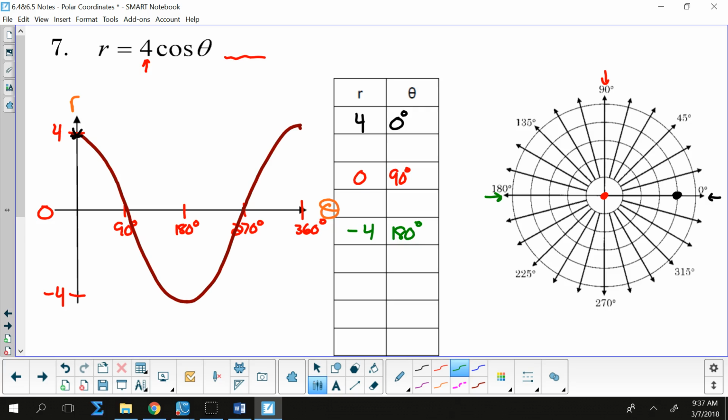Which way do I have to go? I got a radius of -4. If I had a positive, I would go out to the left. But because it's negative, I have to go to the right. So it actually ends up being that original dot that we put on there. Next easiest one.